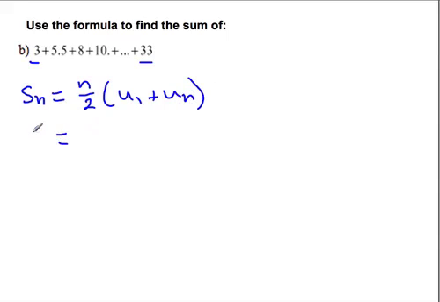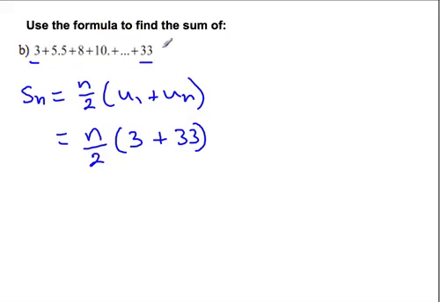In this case we don't have n, so let's substitute in what we have and then see if we can find n. We have the first term, and we have the last term, which is 33. But in order to find the sum, we're going to need to find n.